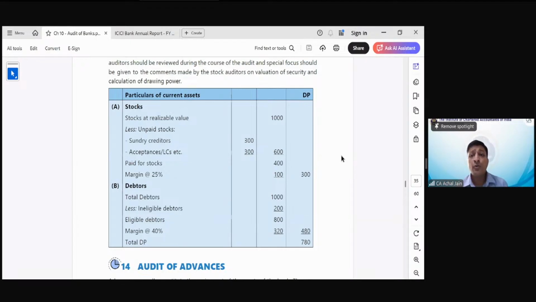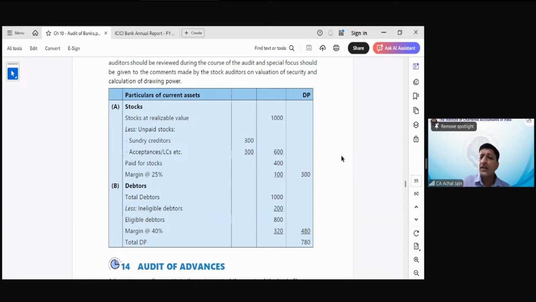Then you will pick up the debtors. From the debtors, you will remove any ineligible debtors, then you get eligible debtors. From that debtors balance, a margin of 40% is required to be considered. Margin, once again, is the cushion which the bank would like to consider.